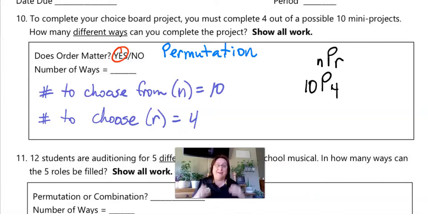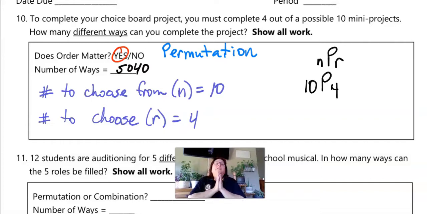That's showing our work. Now, you guys are going to go put it in, and you're going to tell me how many different ways could you choose 4 out of the 10 projects? Holy cow! That's a lot of different ways that you guys could have chosen your 4 mini projects. Did anybody have any idea that it was that many?